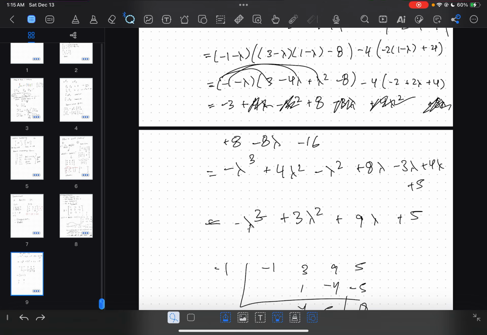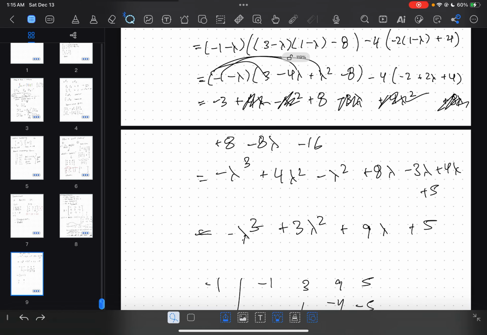Oh. I didn't eliminate these ones, did I? They were off the page. Oops. So we'd actually have this gone, and this would be negative 3.